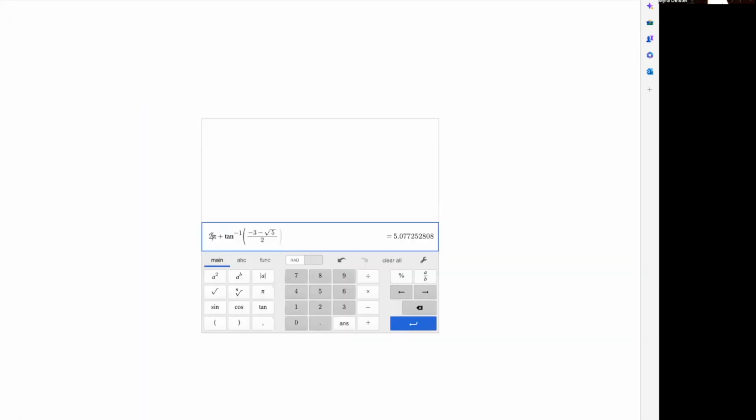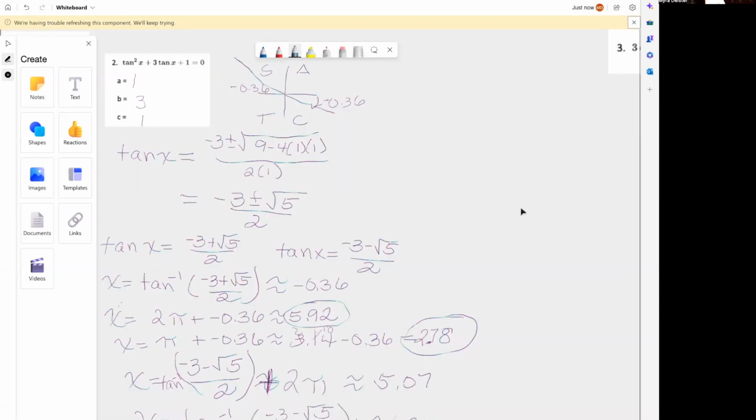And I'm going to take the 2 off. And this time I get 1.94. Okay, so I have my 2 answers. So this problem has 4 answers altogether.